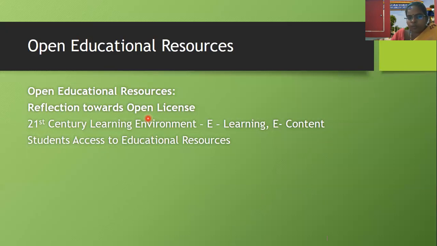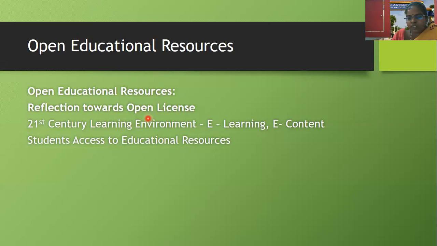Nowadays e-learning is very popular because we are living in a 21st century learning environment, where we face e-learning, e-content, e-teachers, e-resources, etc. E-learning is popular because we need to reuse, remix, revise, redistribute and retain the content.